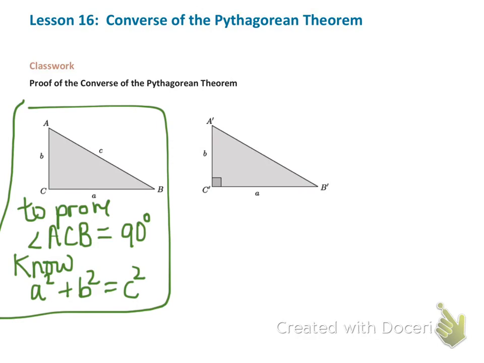So that's what we know about this triangle, okay? And in the second triangle, triangle A prime, B prime, C prime, we know different things.